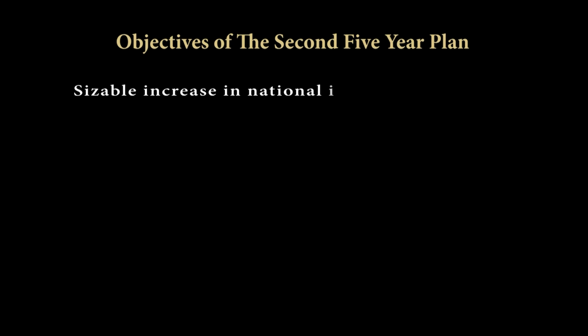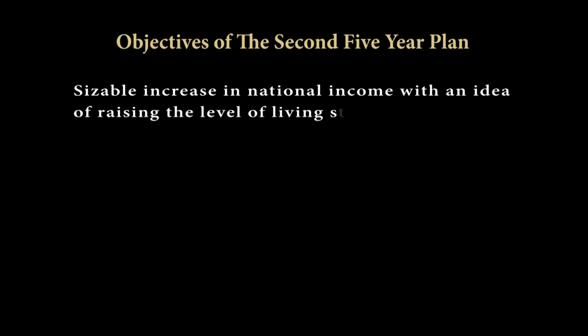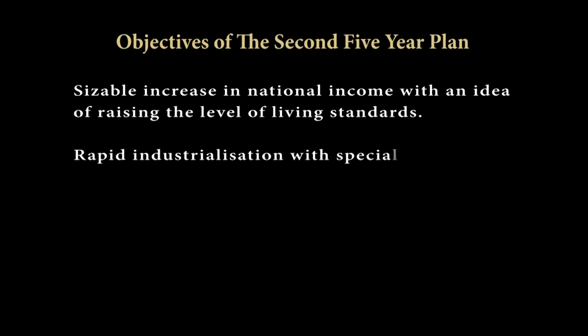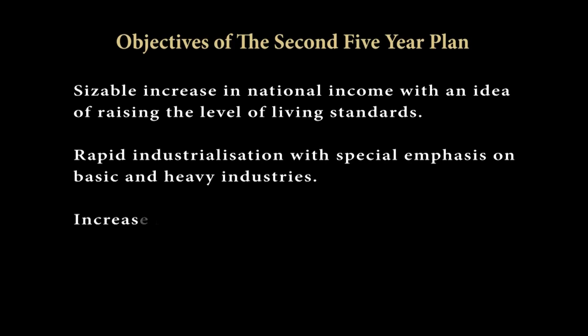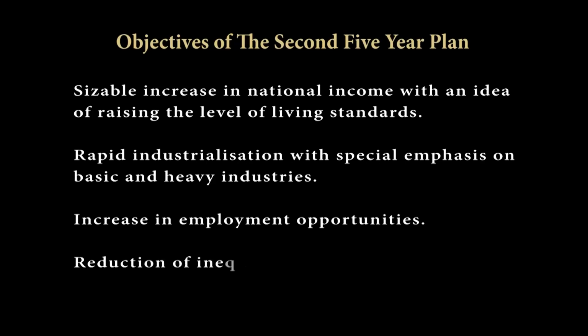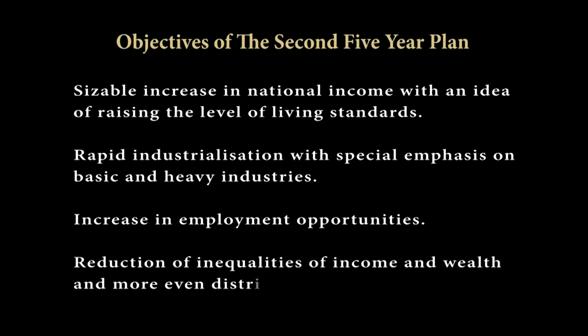Sizable increase in national income with an idea of raising the standard of living of the Indian citizens. 2. Rapid industrialization with special emphasis on basic and heavy industries. 3. Increase in the employment opportunities. 4. Reduction of inequalities in income and wealth and more even distribution of economic power.